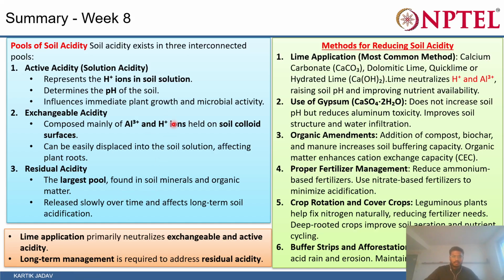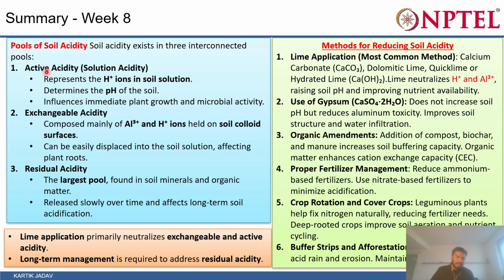Now, what comes if there is a problem with soil acidity? Let me quickly summarize the pools of soil acidity: active acidity, exchangeable acidity, and residual. Active acidity represents the H+ ions in the soil solution. It is an active condition, and it immediately impacts plant growth and microbial activity.